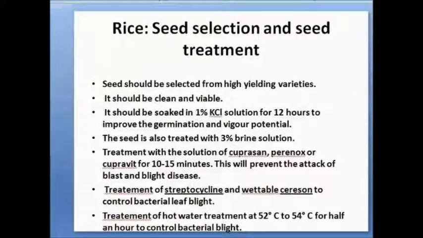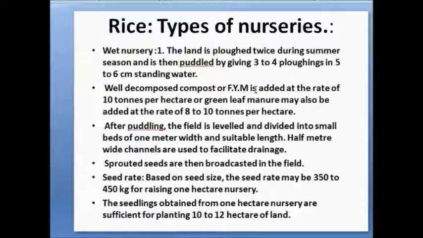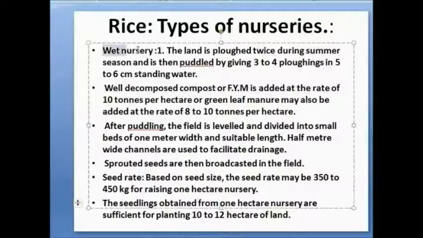Now, let us go to various types of nurseries. As we have just studied four methods of rice cultivation, accordingly, nurseries are also to be developed. First is a wet nursery. This wet nursery is used to grow seedlings which are to be transplanted in a wet field.